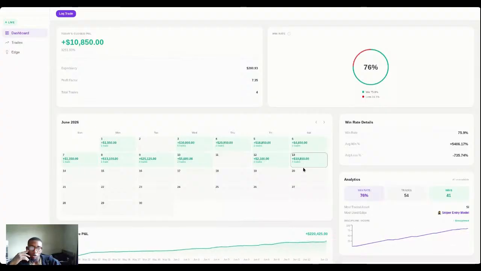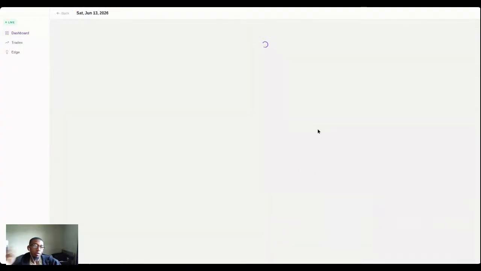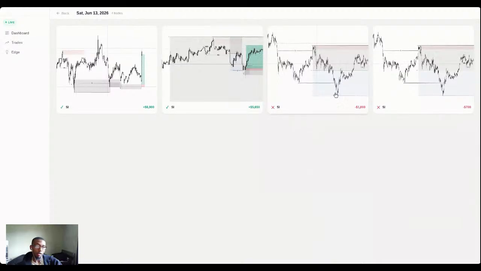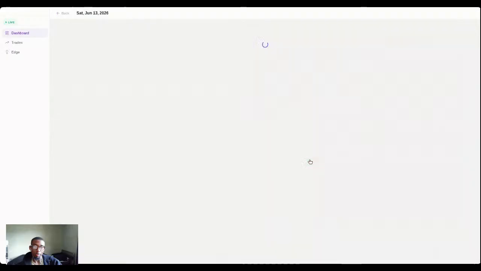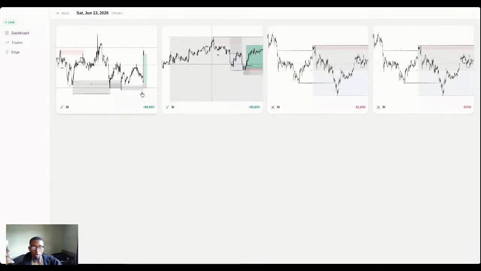This is something I have to fix in my app: right here it shows that I won everything, but here it shows that I lost two and I won two. These are trades that I took earlier today. These were decent trades.